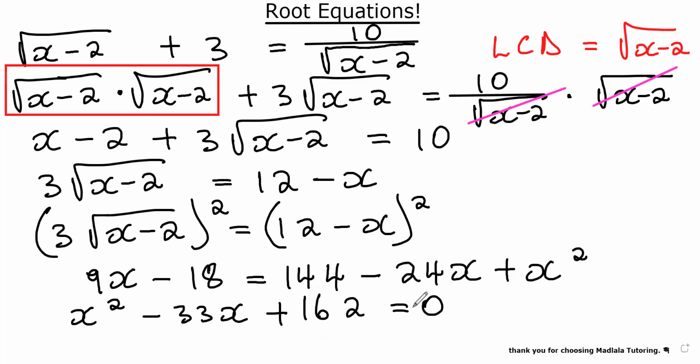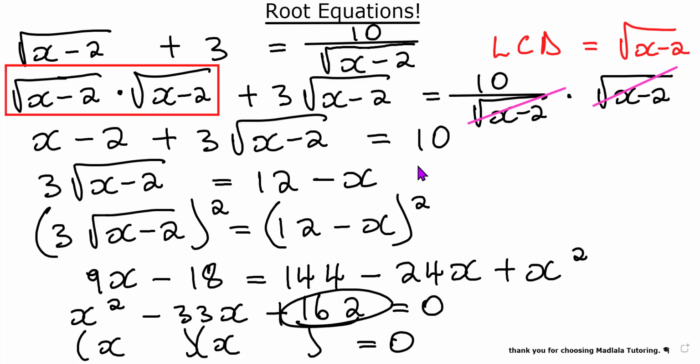All right. So now it's time for us to factorize. So what are we looking for here? We are actually looking for factors of 162 such that if we add them or subtract them, we simply get 33.